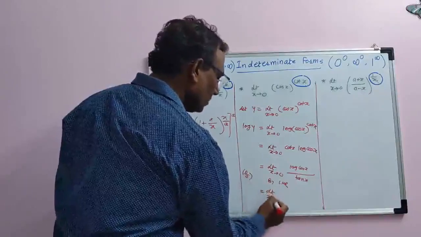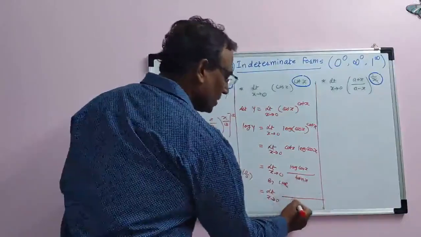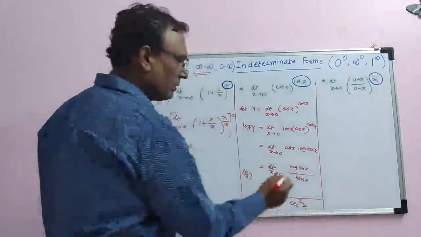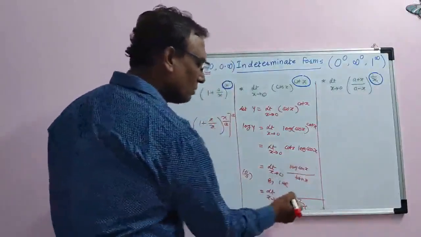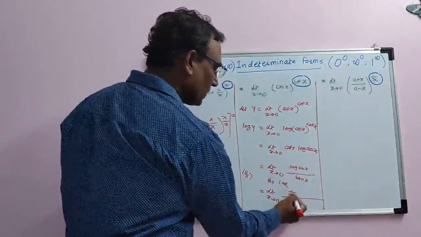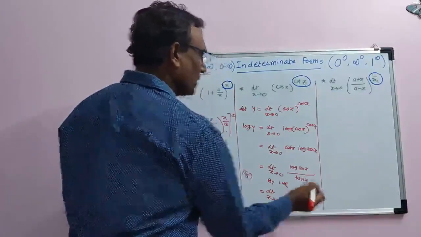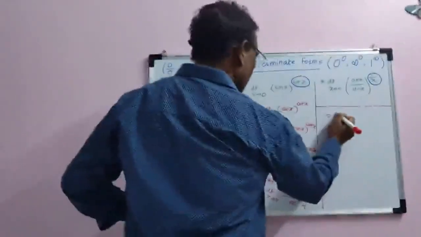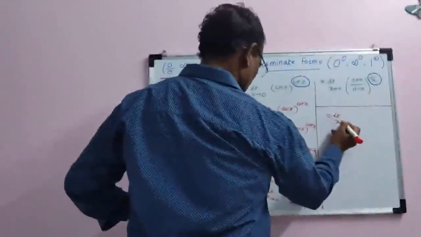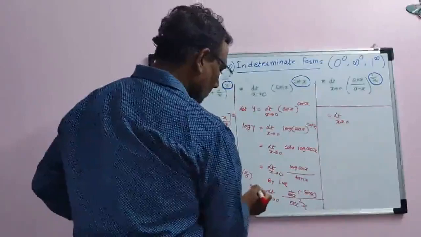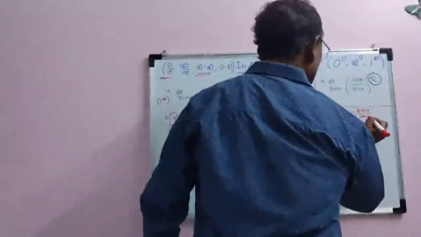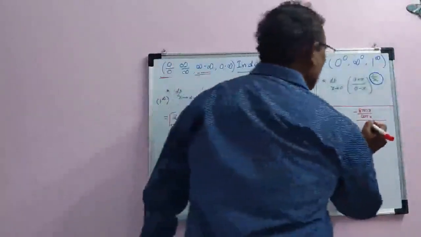limit x tends to 0, the derivative of this is sec square x, the derivative of log cos x is what? 1 by cos x, and the derivative of cos is minus sin x. Next step, limit x tends to 0, we are solving log y, no? Try to simplify it, minus sin x by cos x, and sec square is 1 by cos square.